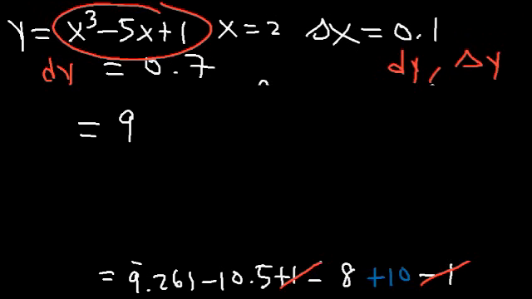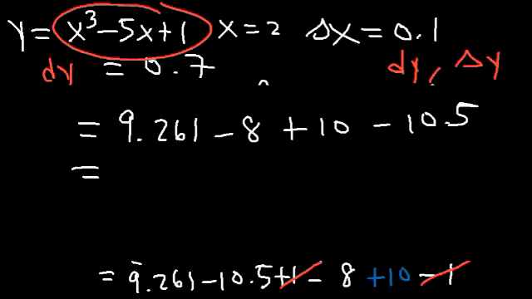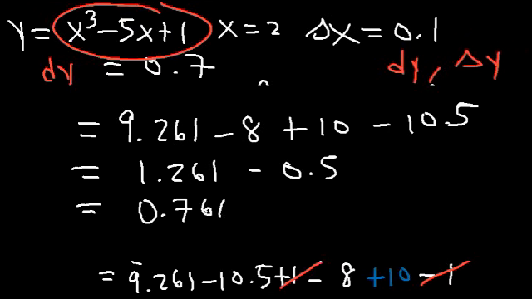So we have 9.261 minus 8 plus 10 minus 10.5. 9.261 minus 8 is 1.261. And 10 minus 10.5 is negative 0.5. And 1.261 minus 0.5 is going to be 0.761.